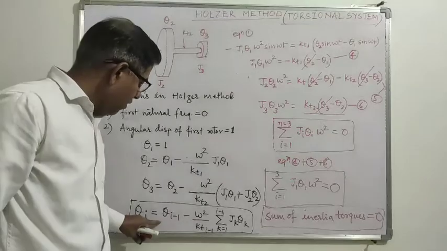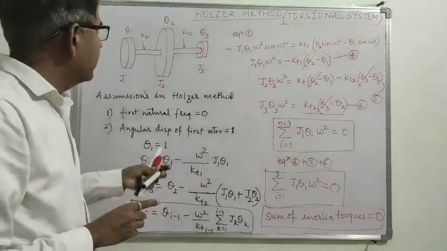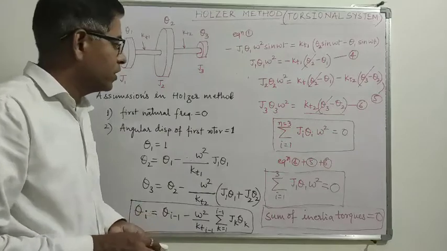So this is the formula for finding the angular displacement in the Holzer method.